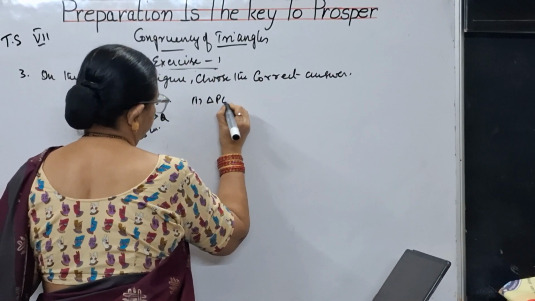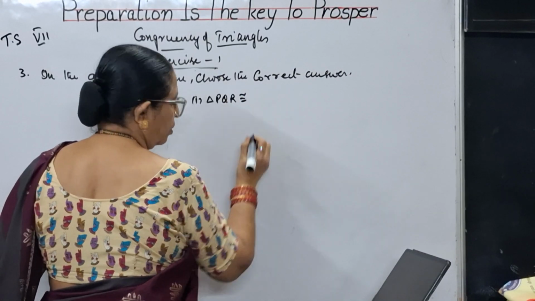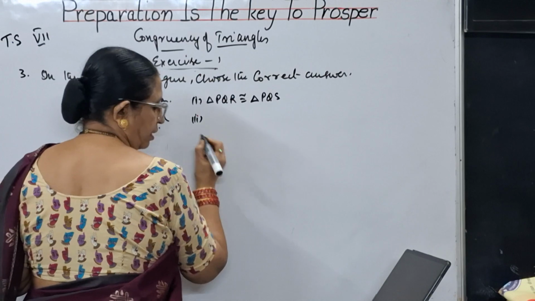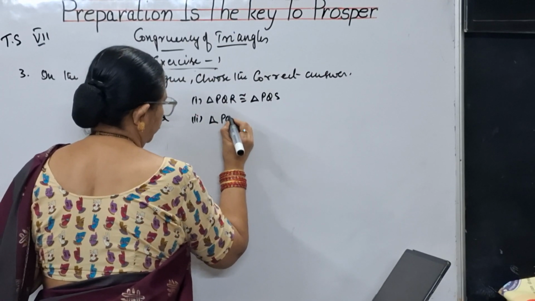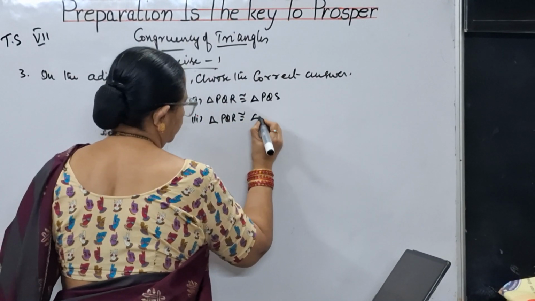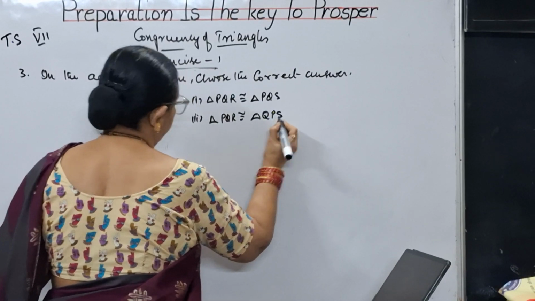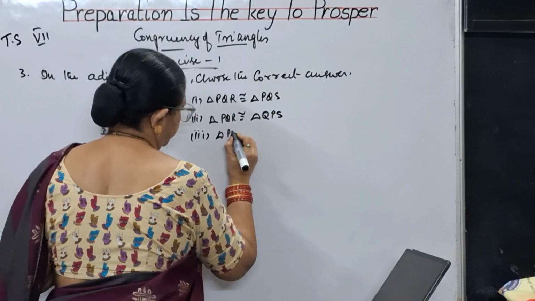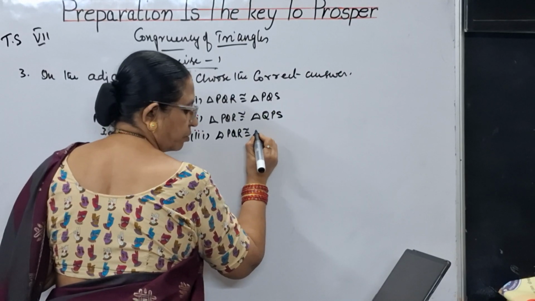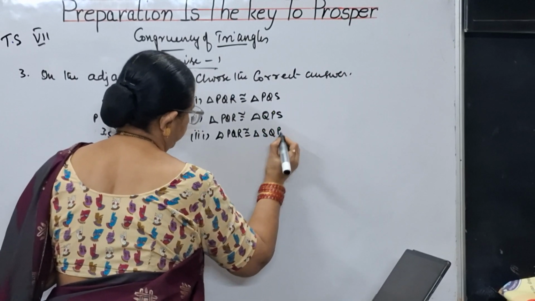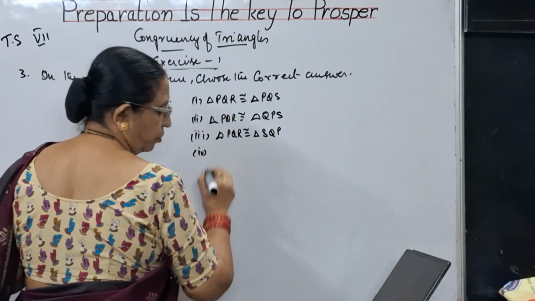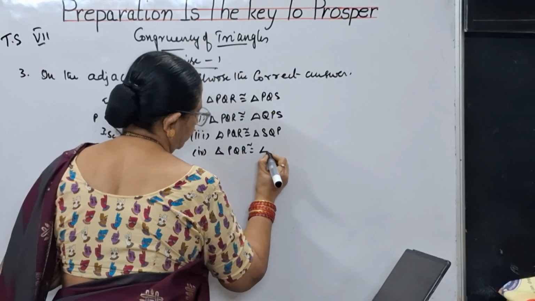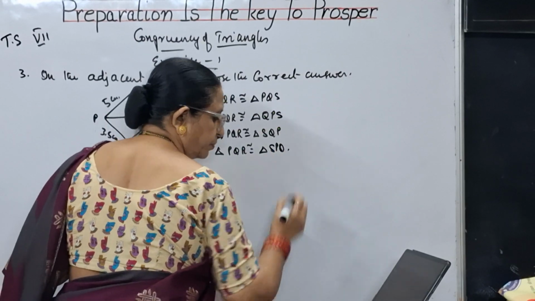First one is triangle PQR is congruent to triangle PQS, and second one is triangle PQR is congruent to triangle QPS, and third one is triangle PQR is congruent to triangle SQP, and fourth one is triangle PQR is congruent to triangle SPQ.